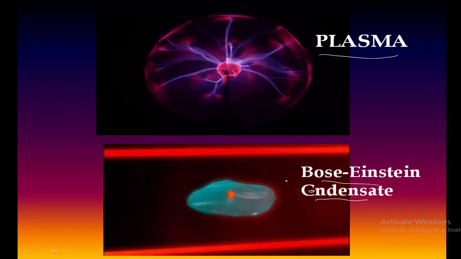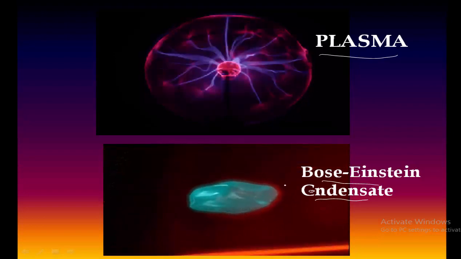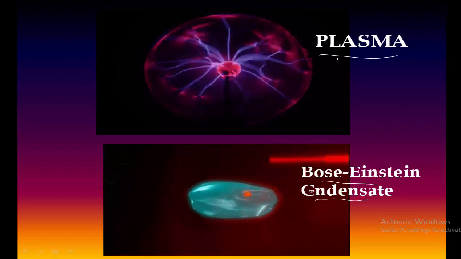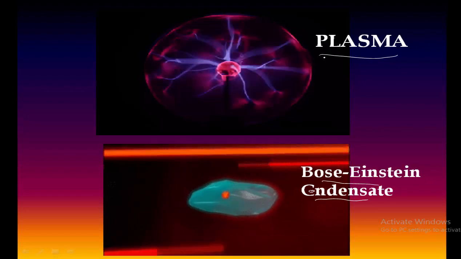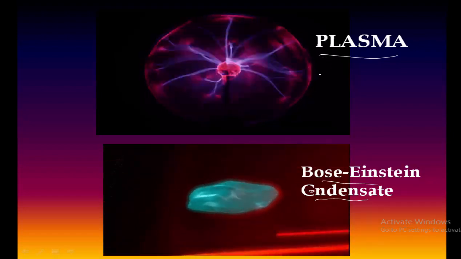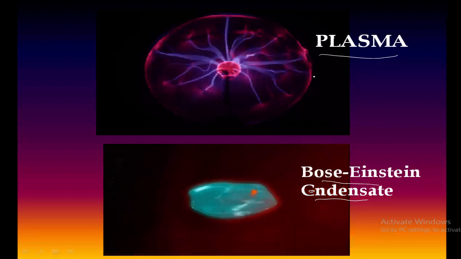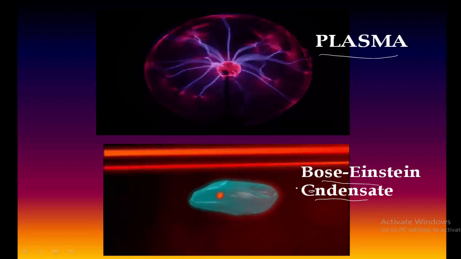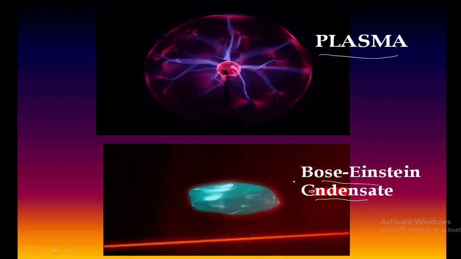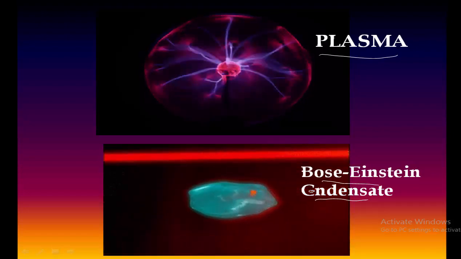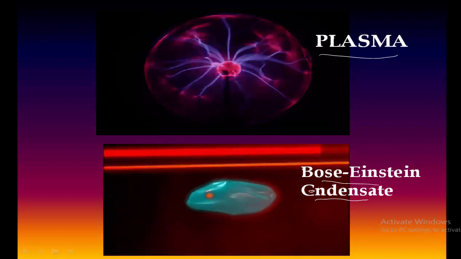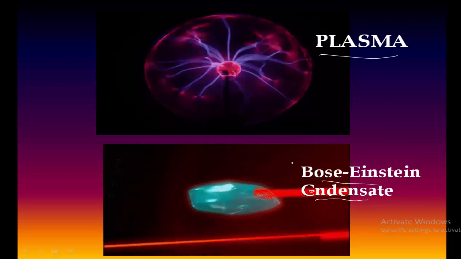So the plasma state is obtained at extremely high temperature, and Bose-Einstein condensate is obtained at extremely low temperature. So remember these two states of matter along with solids, liquids and gases.